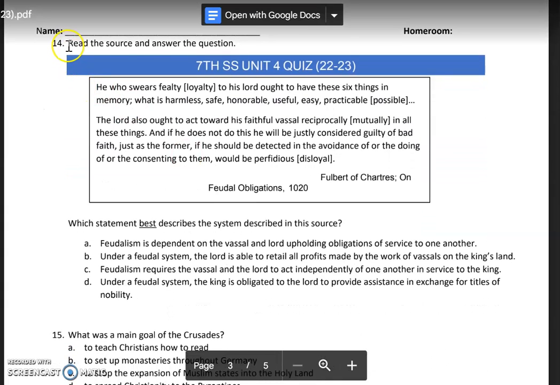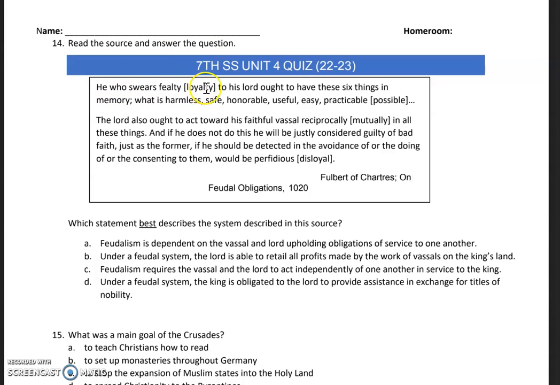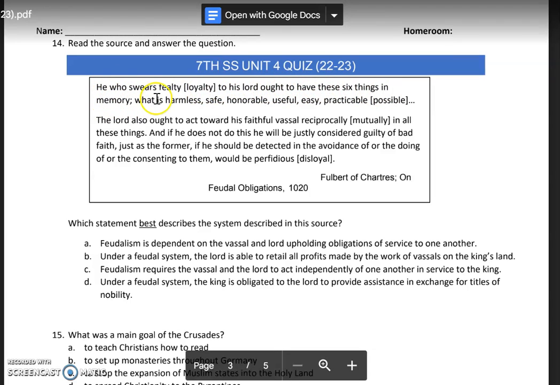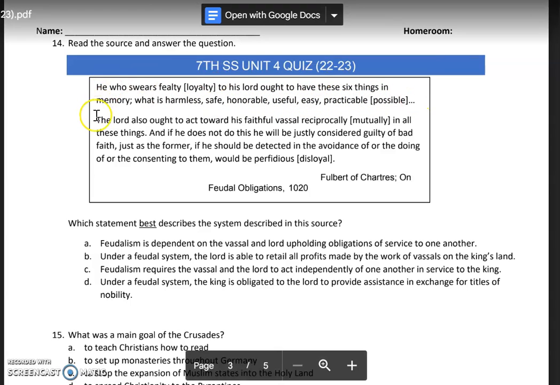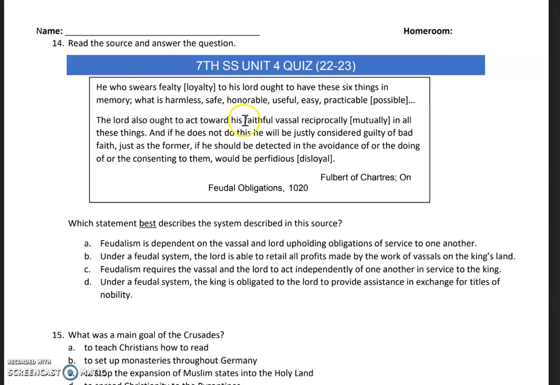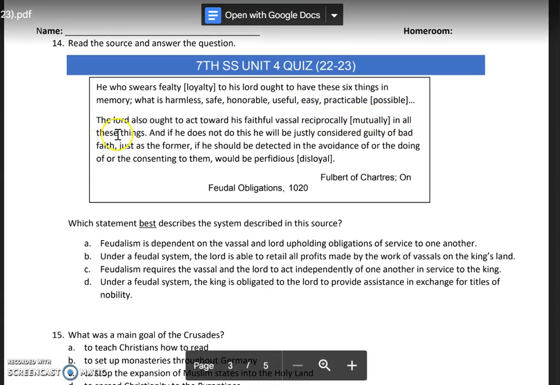Number 14, read the source and answer the question. He who swears fidelity, loyalty, to his Lord ought to have these 6 things in memory: harmless, safe, honorable, useful, easy, practical, possible. The Lord also must act toward his faithful vassal reciprocally or mutually in all these things.